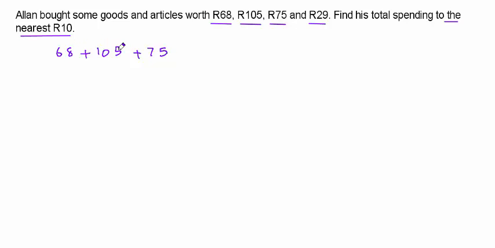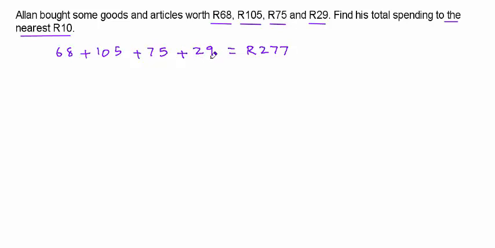I used the compensation method of addition. I changed the 173 to a 175 and then added 75. That got me to 250, and then I subtracted 2. That's 248. Plus 29 is 278 minus 1. That's 277 Rand. So yet again I used the compensation method of addition to add the 29 in the end.